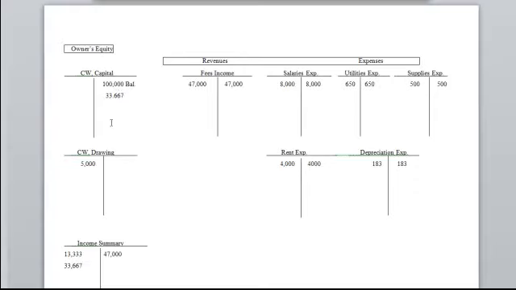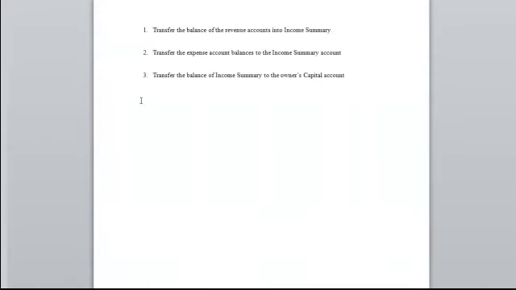That's my third step. Now my last step in the closing process is to transfer the balance of the drawing account into the owner's capital account.